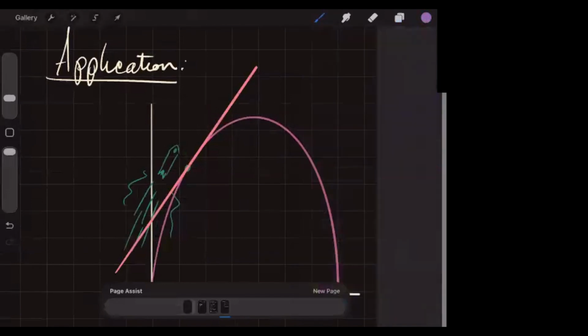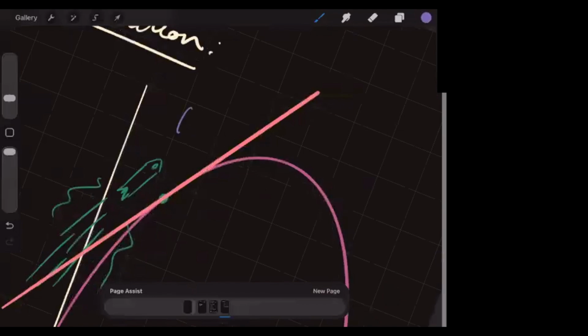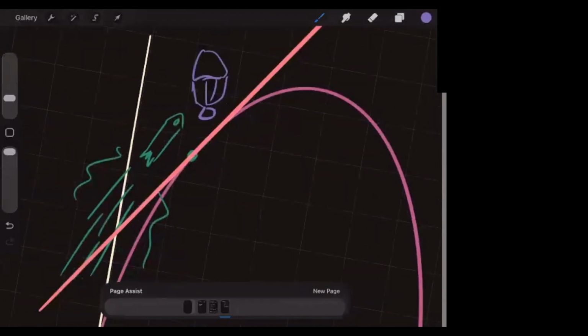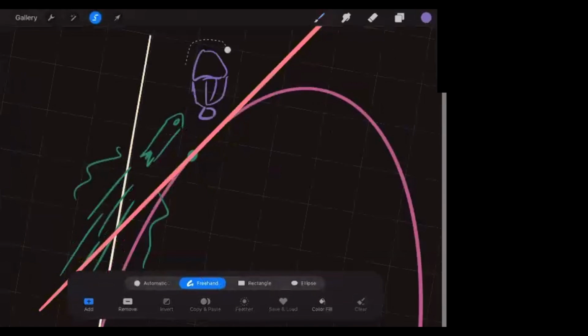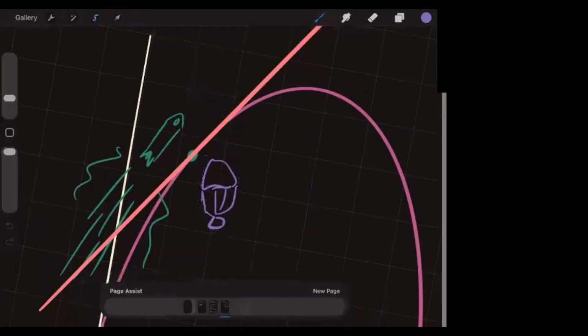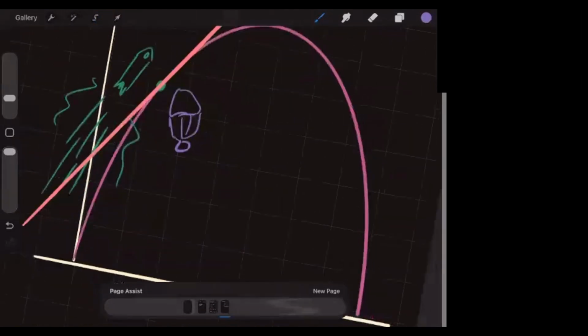Let's say the parachute looks like this, and on the parachute is like a box. Sure, why not. The key here is at the point of the parachute getting released right here, you're going to want to know how fast that thing is moving, because up until that point it is moving the same speed as that rocket.